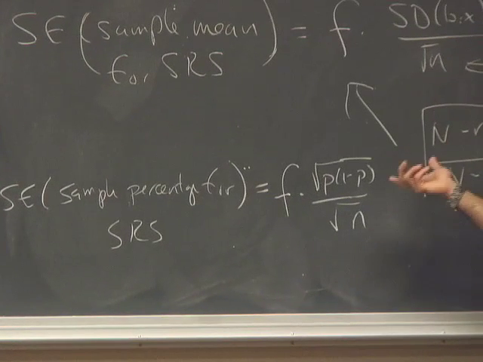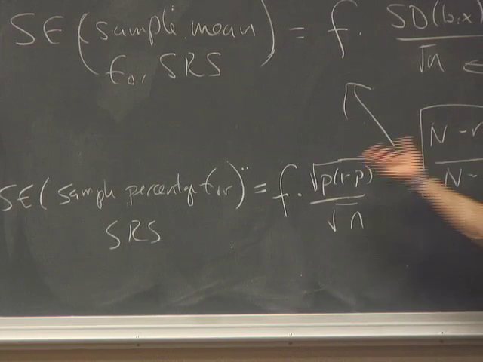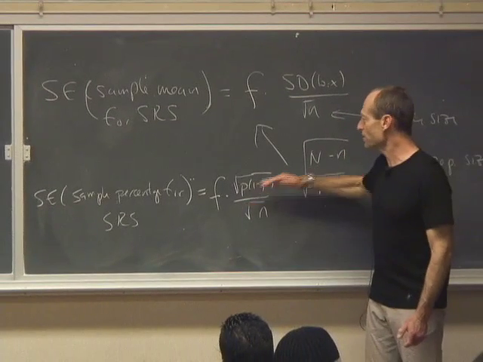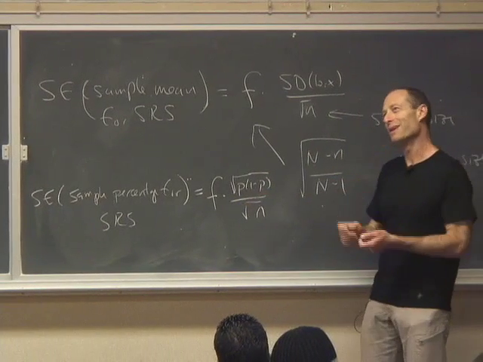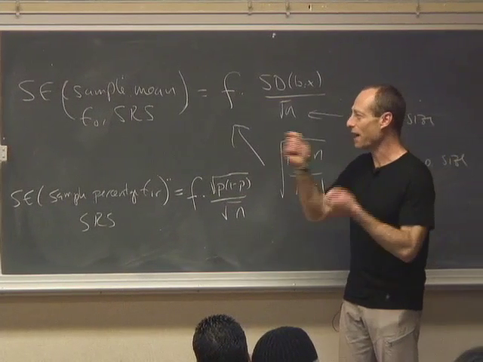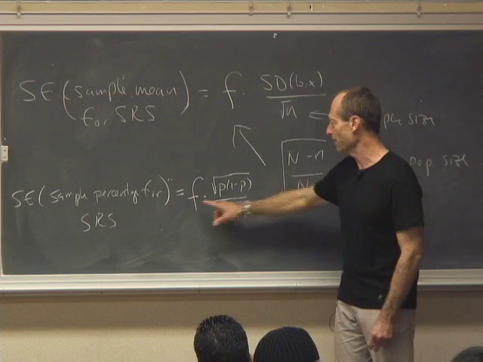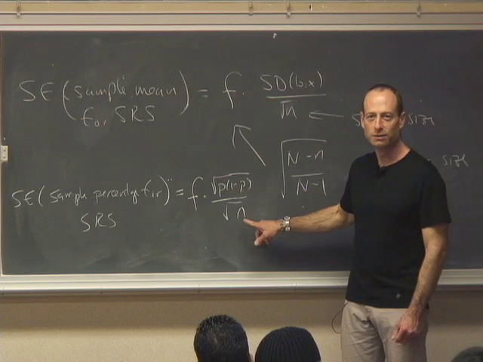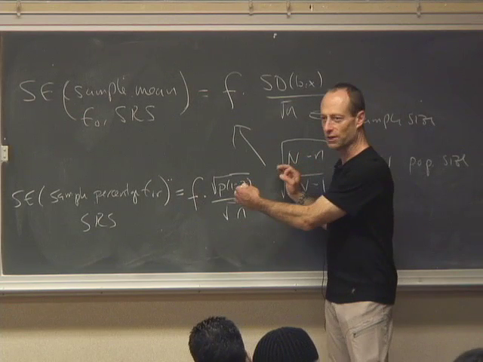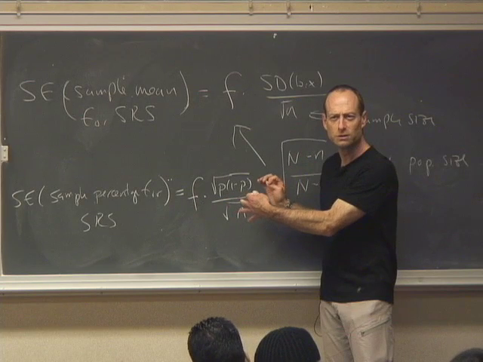We can't say how big it is in any particular case unless we already knew what was in the box. If the worst possible things were in the box, then the amount by which it would be likely to be off would be like f times a half over root n. For other mixes of things in the box, the amount by which it's likely to be off is less than that. So far, so good?